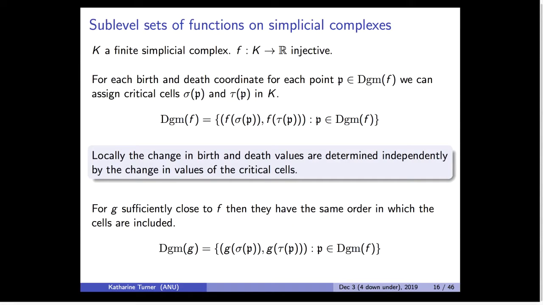And again, just like in the Rips case or the sublevel set for the function, there's no reason to suspect that the function value on sigma is locally affected by the function value on tau. There may be circumstances where there's some global interaction, but generically, locally, you expect them to be somewhat independent.